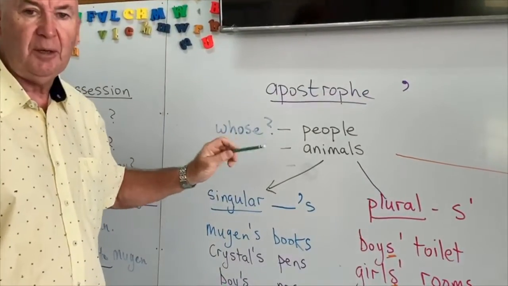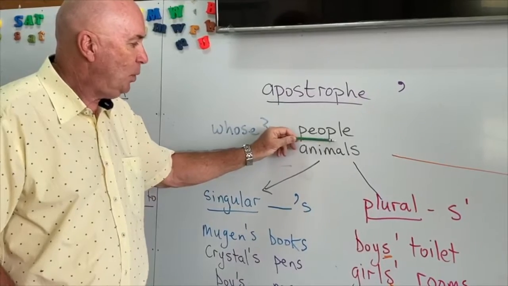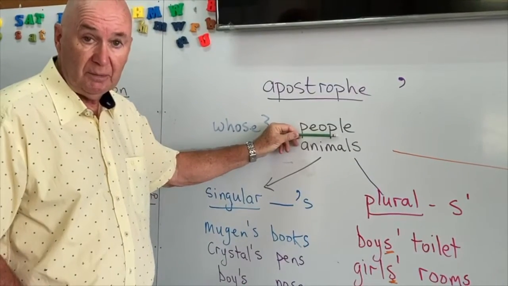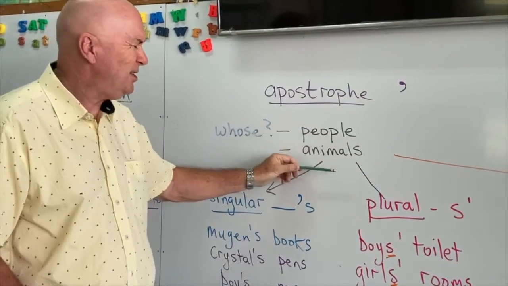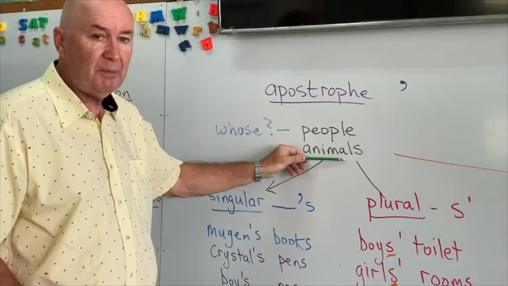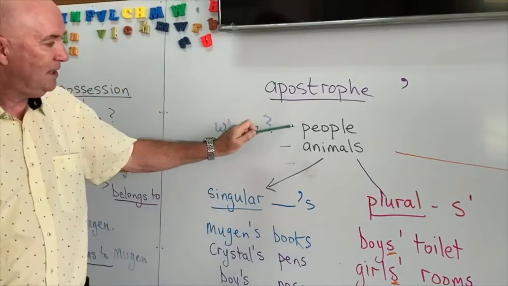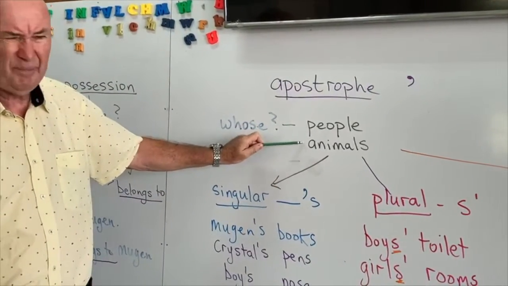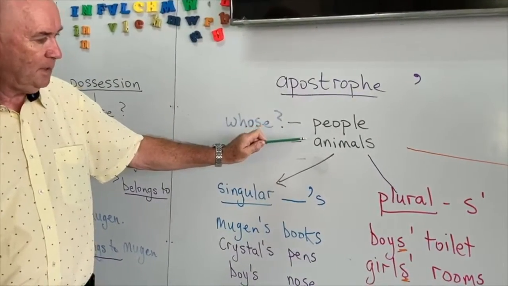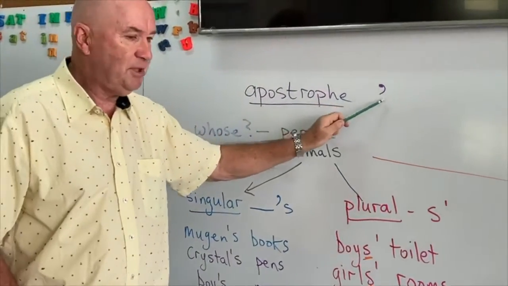The answer most of the time will be about people, because people have many things, or maybe the answer might be about animals. Most of the time, whose is it? The answer will be a person or an animal. Now let's look at how we use the apostrophe.